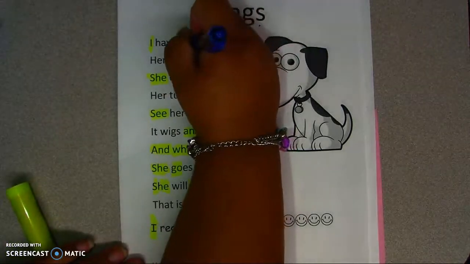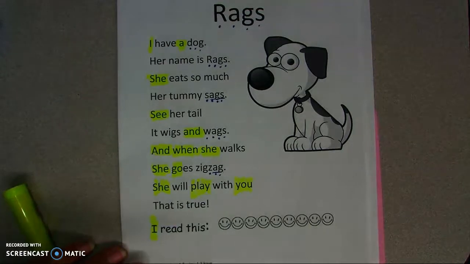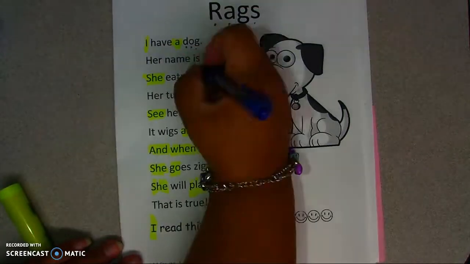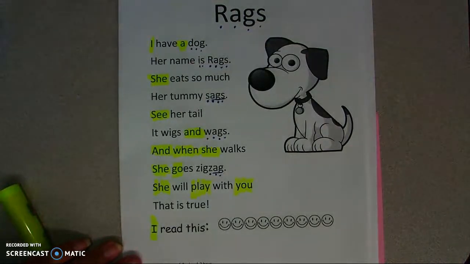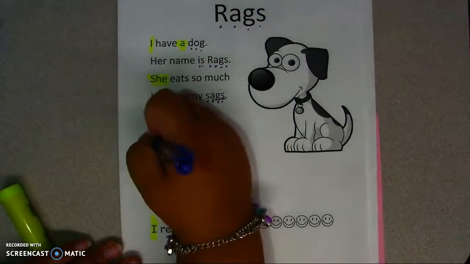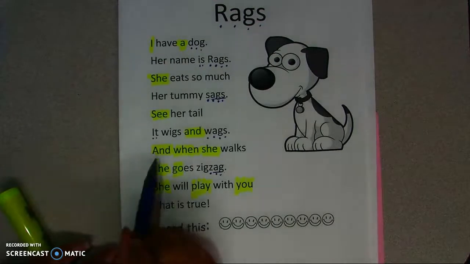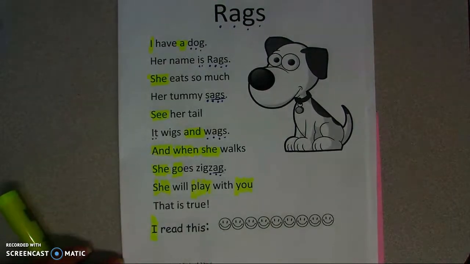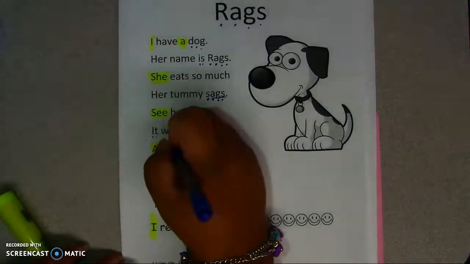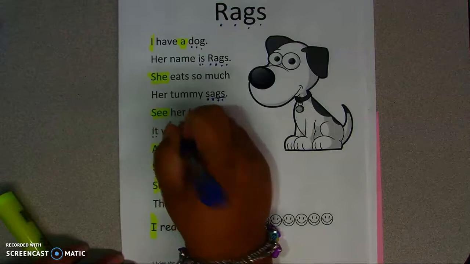So now I have some other ones that I can probably blend. For instance, dog. How about, it's a sight word, but I can blend it. Is. How about this one? It. It's a sight word, but I can blend it too. And let's see, how about, oh, wigs.